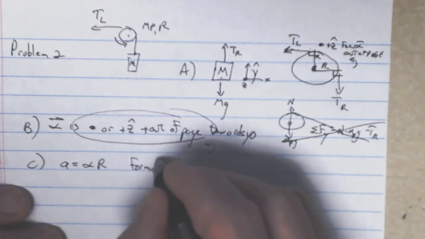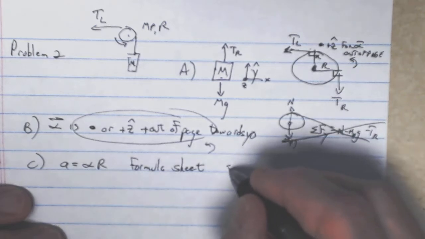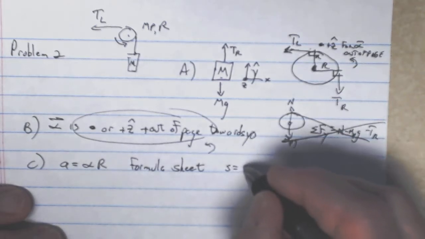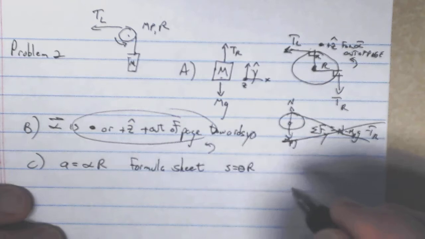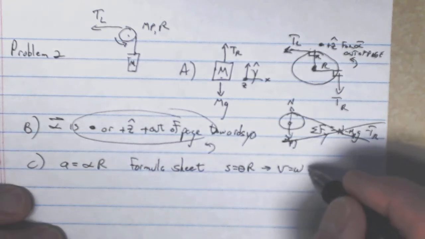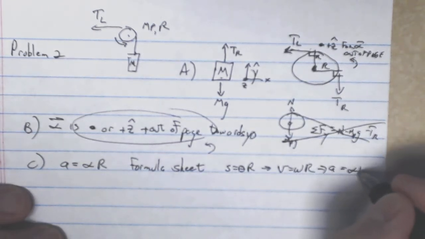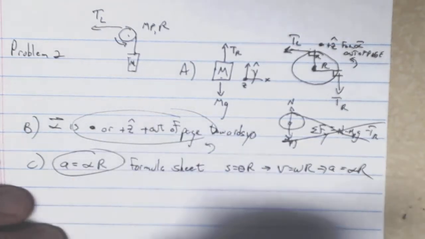And if you want to derive that from something more basic, you would say, well, for any circle, the arc length is theta, measured in radians, times r. Take a time derivative, and you would have the velocity equals omega, angular velocity, times r. Take another time derivative, you'd have A equals alpha r. But this is all you needed.